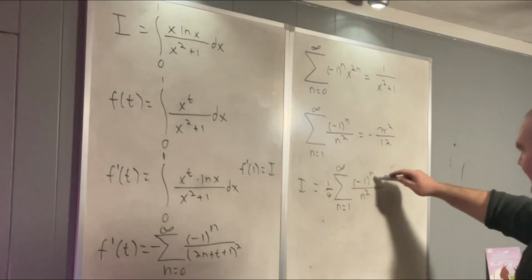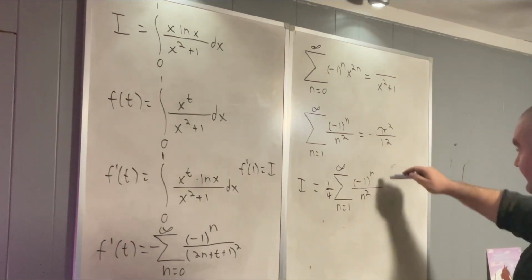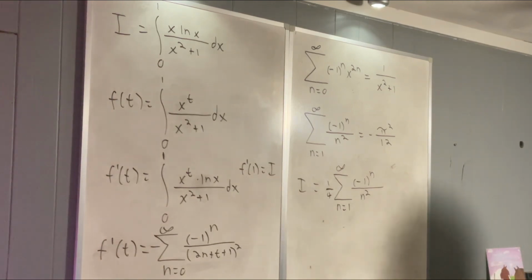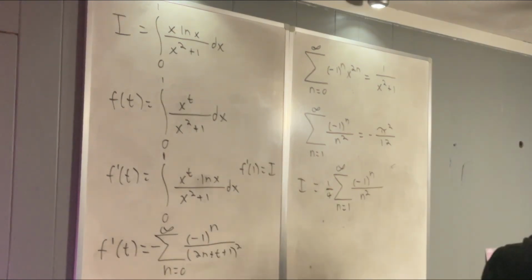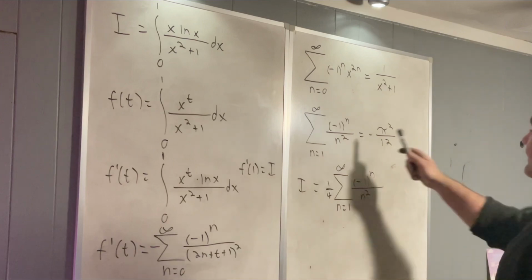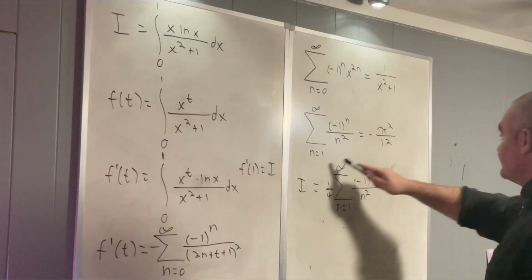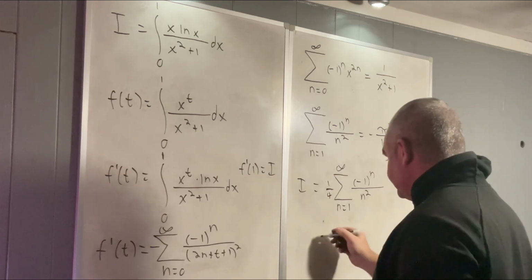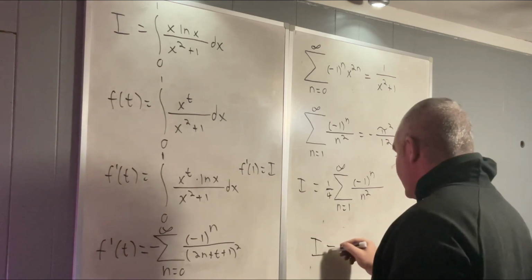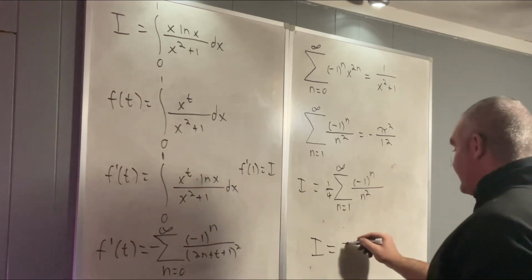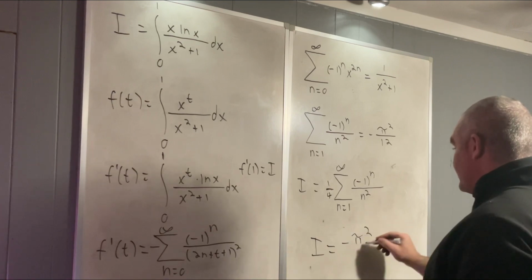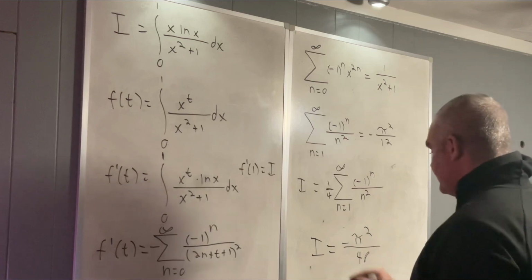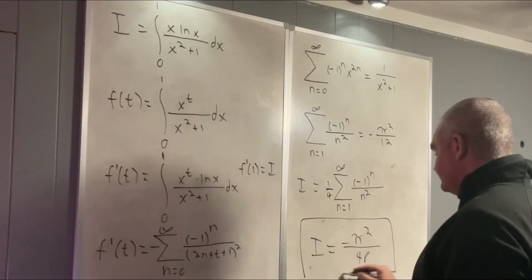So if you change the power by 1, you will get the negative of whatever it was before. All right, so now we have I is equal to 1/4 this thing, which is this thing. In other words, I is equal to -pi squared over 48.